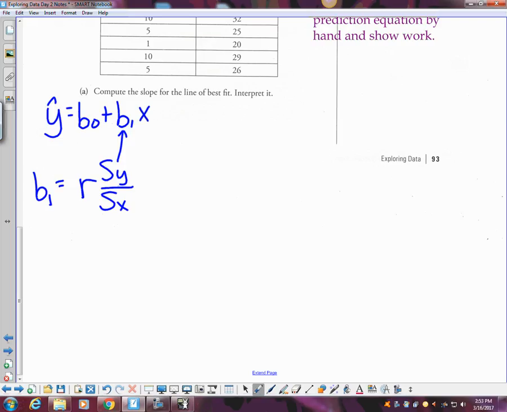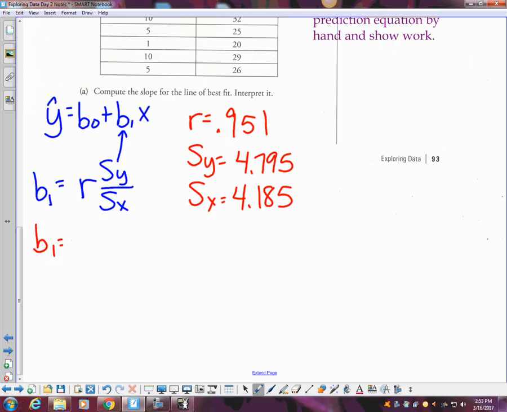Okay, so here's what I have. I got my R to be 0.951. We're going 3 decimal places. I got my S sub Y to be 4.795, and I got my S sub x to be 4.185.